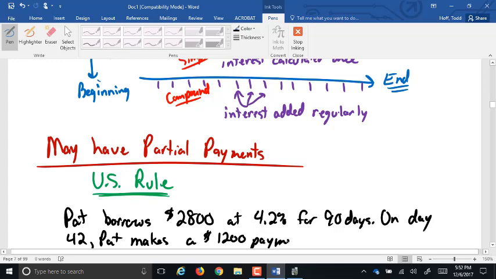Does that look familiar? So that doesn't mean that there's no scheduled regular payment there. There's no, oh, we're going to make this payment every 30 days or once a month, whatever. Or we're going to make a payment every quarter. There's no scheduled regular payment.